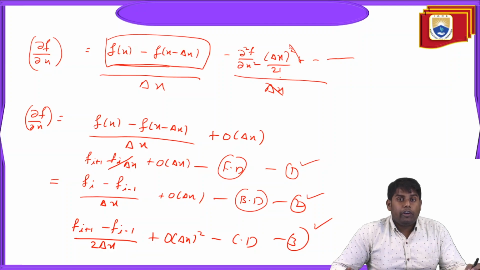Let's say we have ∂f/∂x. Next, how do we get ∂²f/∂x²? We need to see how we discretize those equations. Basically, we will substitute these terms, or discretize the equations, in the continuity equation, momentum equation, and energy equation to linearize those partial differential equations.